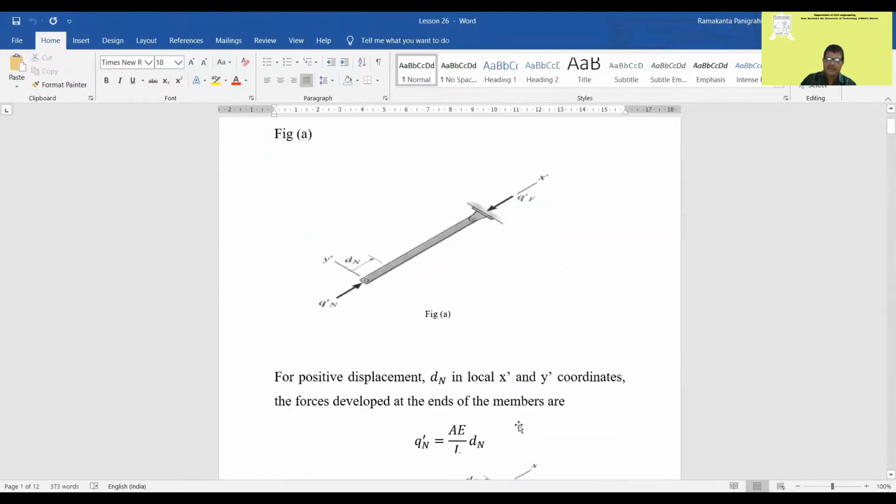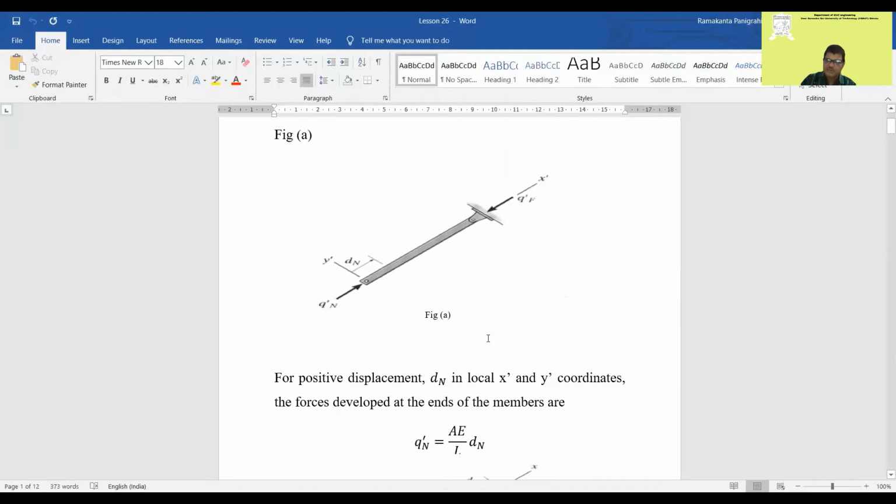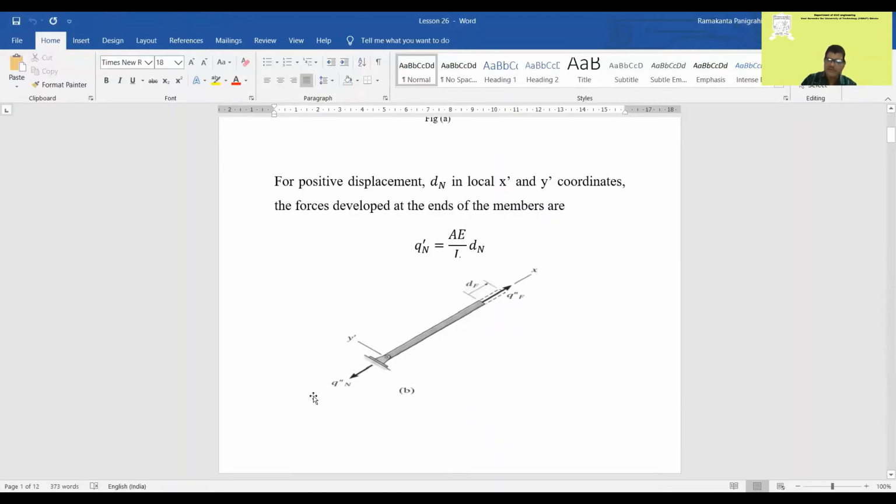So when applying dn, Qn dash will be AE by L dn positive, and Qf dash will be AE by L dn negative. Similarly, if you apply df, AE by L df will be positive for this end and negative for the other.